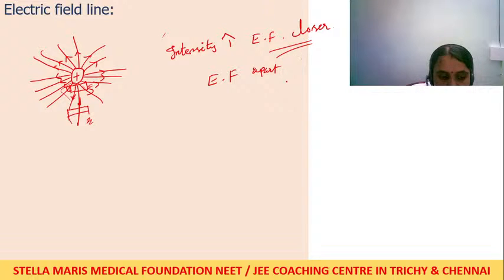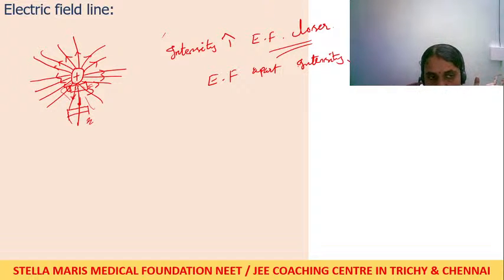If the electric field lines are less, meaning they are apart, then the intensity will be less, which means it is decreasing. See, we have considered this area and this area, and both areas are the same. When the electric field lines are closer, the intensity is high. When we increase the distance, the intensity will decrease.